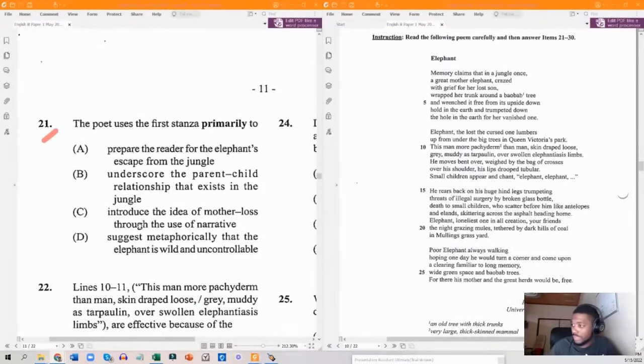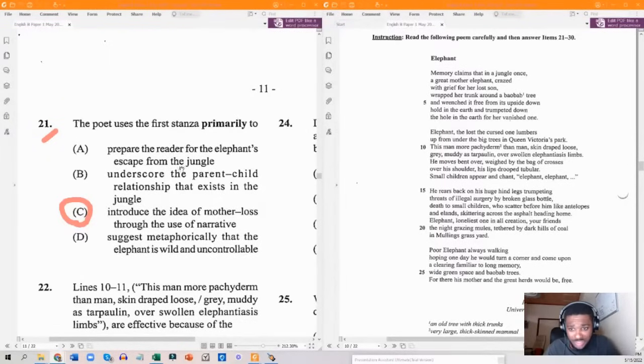All right, C seems to be a clear winner, to introduce the idea of mother loss through the use of narrative. Yeah. And the others are really nonsense answers.